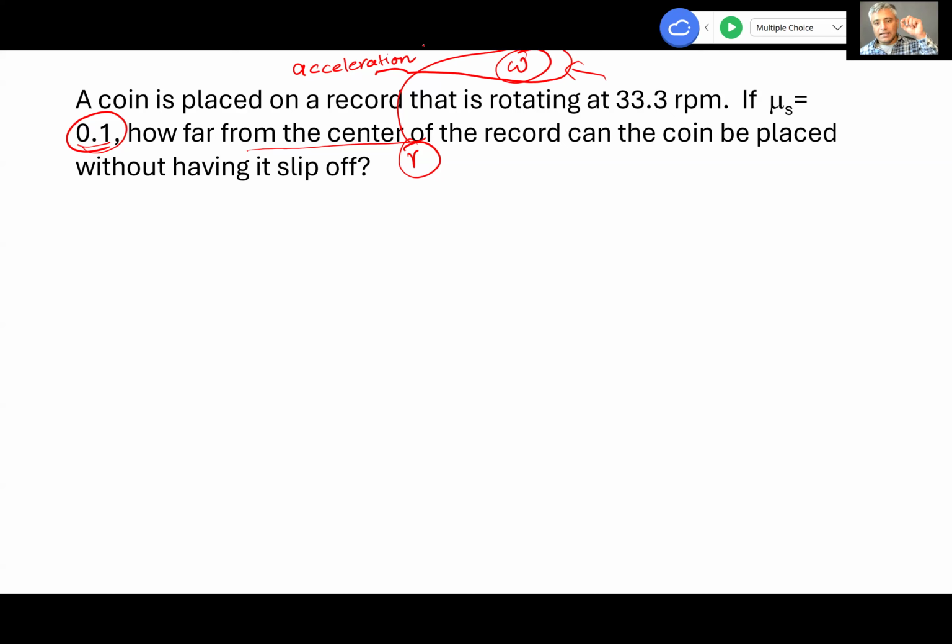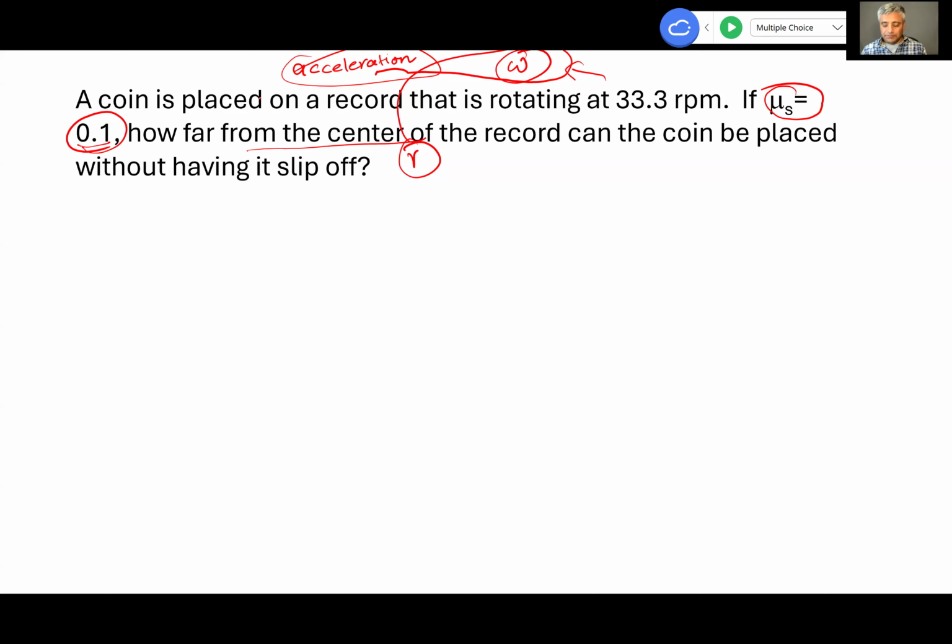Radius and speed gives you acceleration, or radius is related to acceleration. Speed is related to acceleration in circular motion. So now we have information about force and acceleration. So that means it tells us we should be using dynamics or laws of motion, not the kinematics.